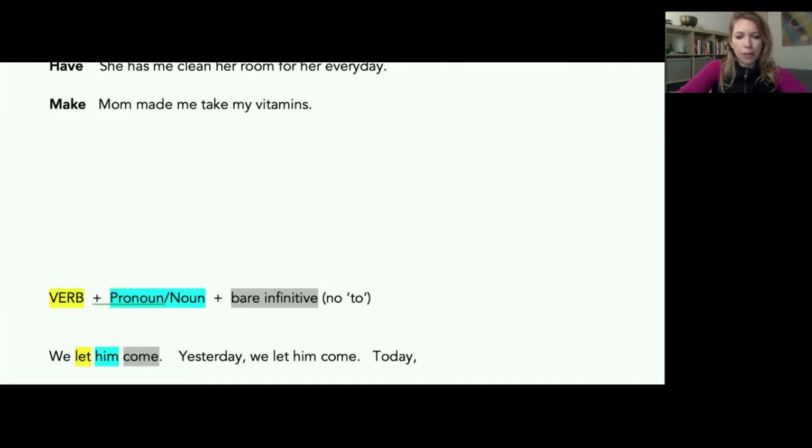Or in other words, we let him come every day. So it's a fact. That would be the present tense. Now let's go to the future. We will let him come tomorrow. Notice that this let doesn't do a whole lot of changing, it just stays like that.